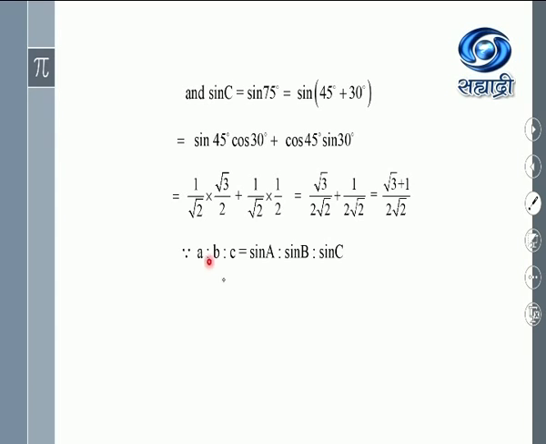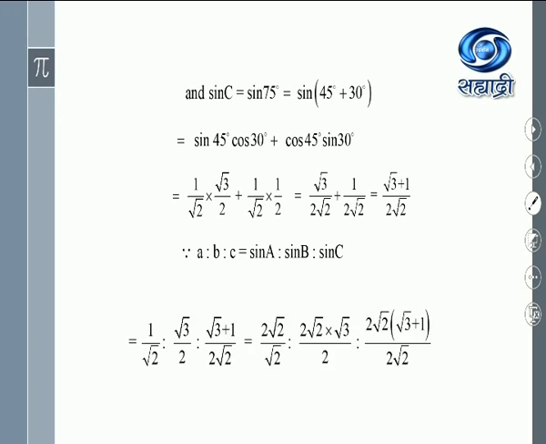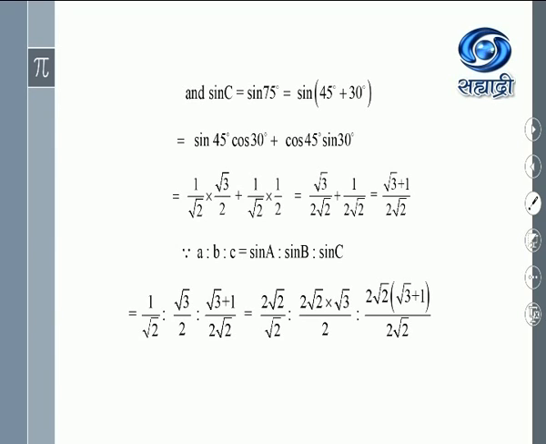Clear? Now this you know, A is to B is to C is equal to sin A is to sin B is to sin C. So can we write this as A is to B is to C is sin A you got, sin B also you got, and sin C. So sin A is 1 upon root 2 is to sin B root 3 by 2 is to sin C, this is root 3 plus 1 upon 2 root 2.